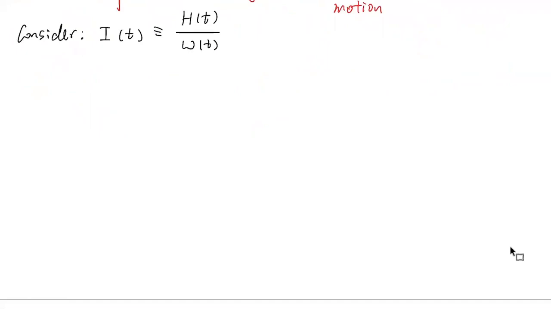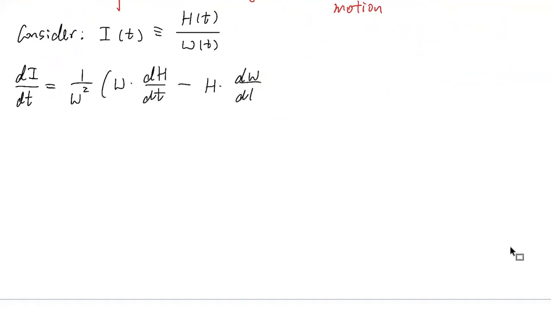What is the time dependence of I? dI/dt is, of course, 1 over omega squared, times omega times dH/dt, minus H times d omega/dt.